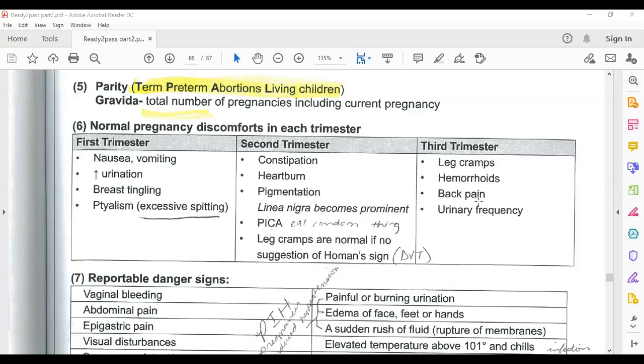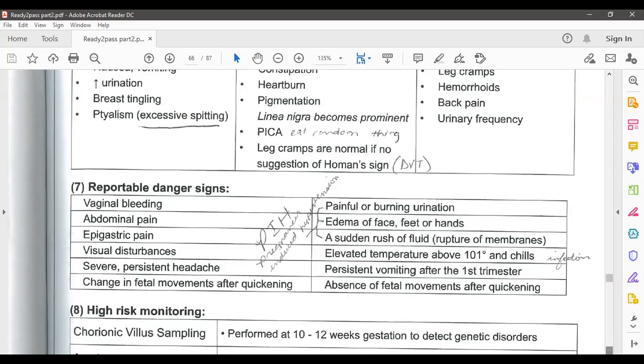And sometimes mother complains of gingivitis or congestion, even epistaxis. So educate mother on good oral hygiene, use normal saline if congested, or spray with a humidifier. So these are the common discomforts for the first, second, and third trimester during pregnancy.